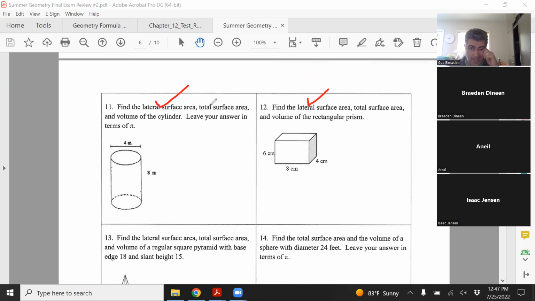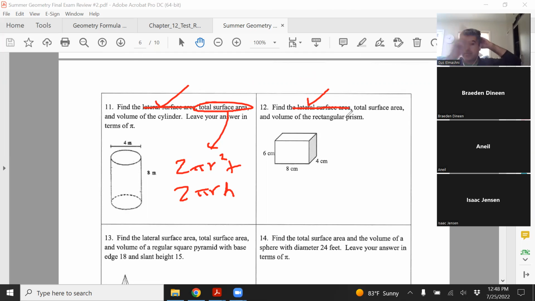Lateral area is the area of the side, but total surface area, we talked about that's 2 pi r squared plus 2 pi r h. Yeah, lateral area is like just the sides, not the top and bottom, but we want total surface area. Yeah, don't worry about that.